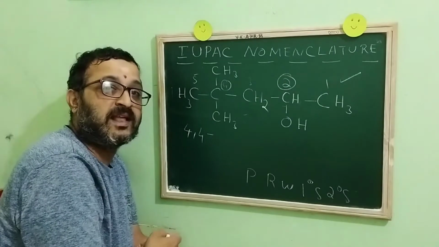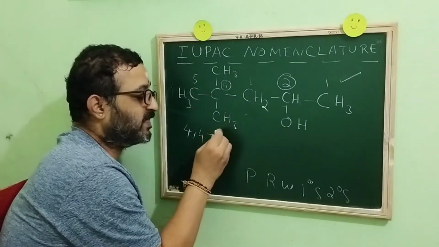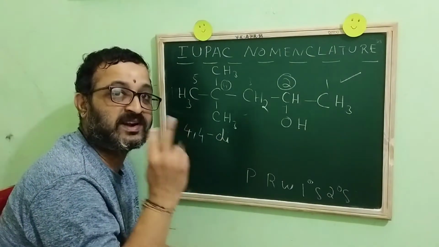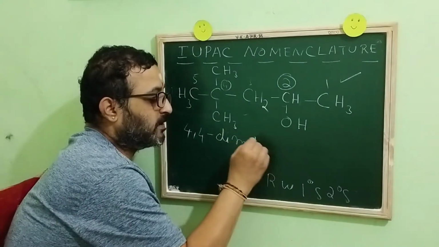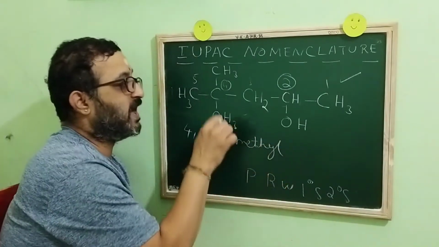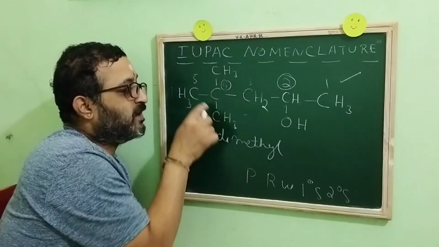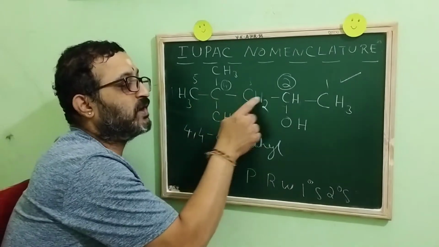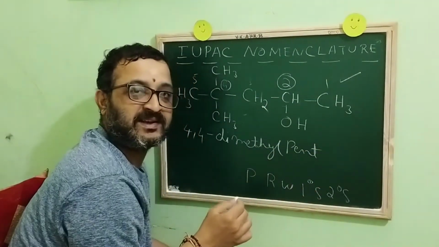Altogether how many methyl groups are there? 2 are there. 1 here and 1 here. That's why di. Di means 2. Tri means 3. Something like that. Di what? Methyl. Right? So these methyl groups are attached to the compound containing how many carbon atoms? 1, 2, 3, 4, 5. So it is pent.